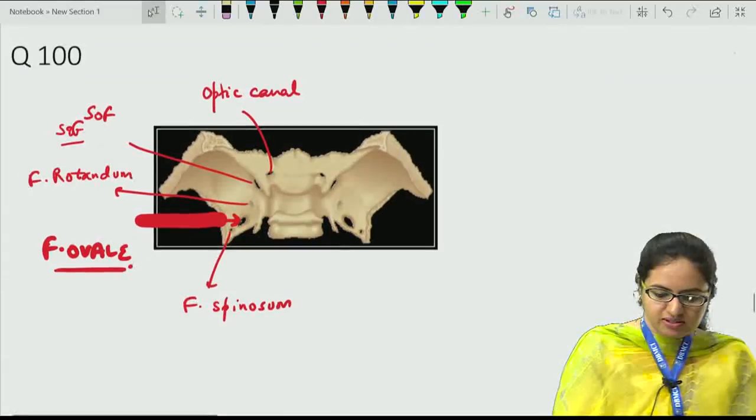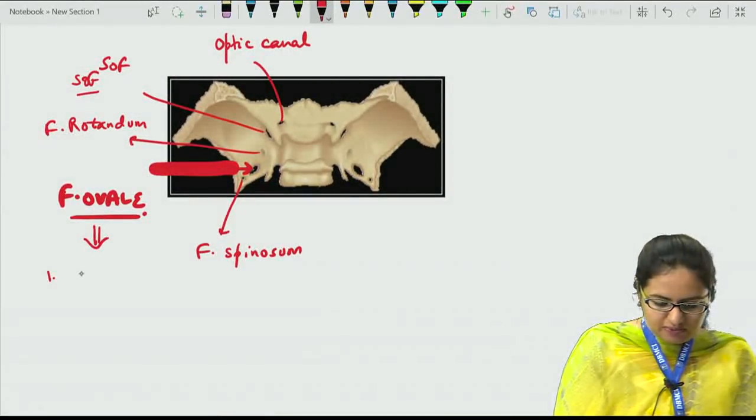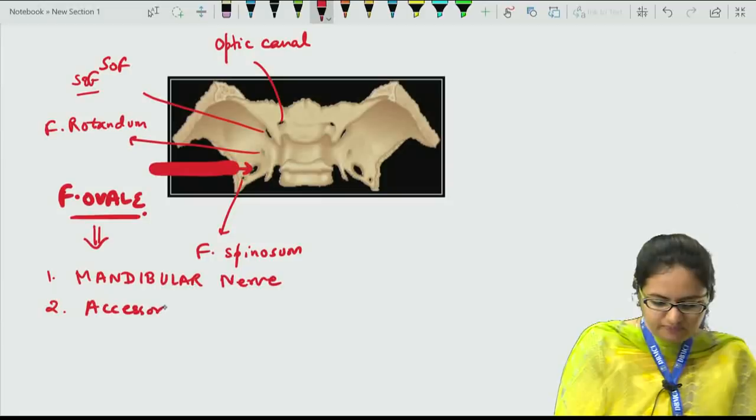Now the structures which pass through these foramina. If we talk about the foramen ovale, first of all the mandibular nerve passes through it, then the accessory meningeal artery.